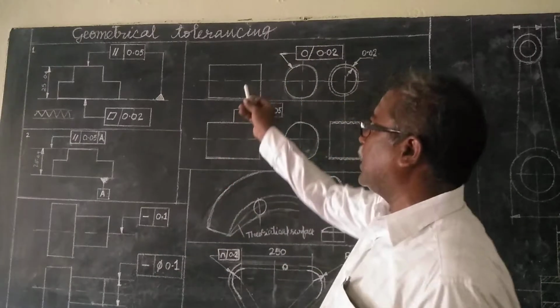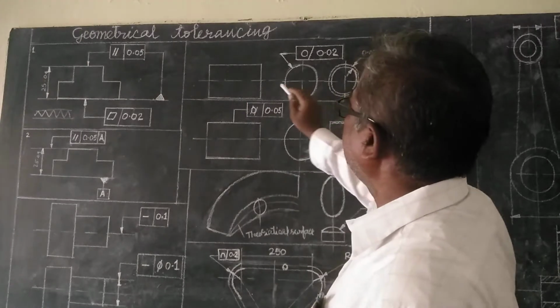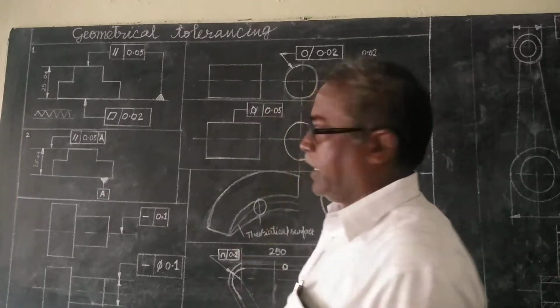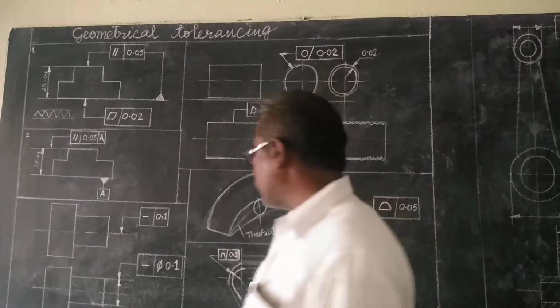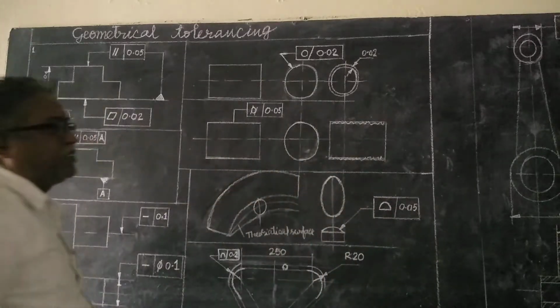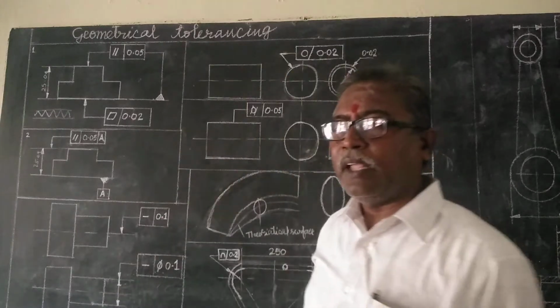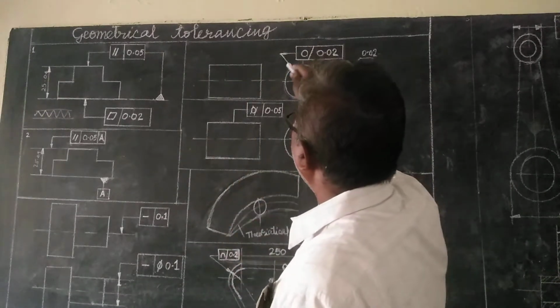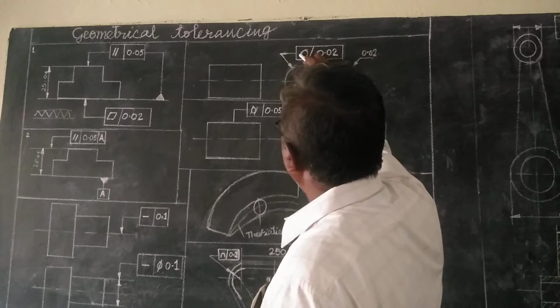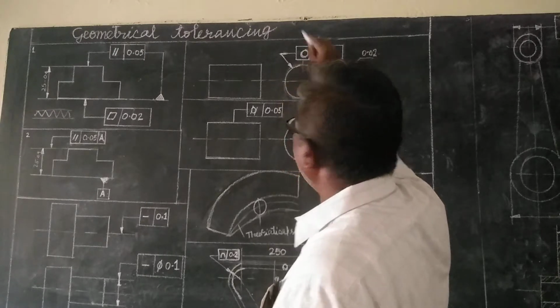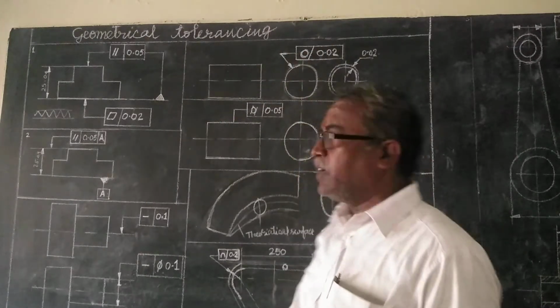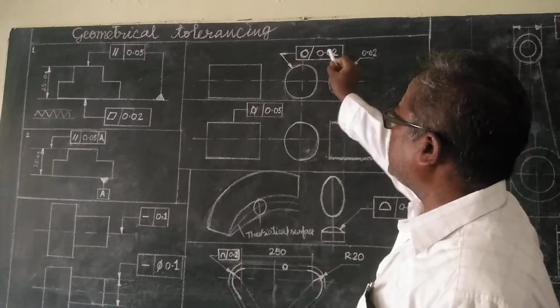Then we are going into the other one, circularity. Circularity or roundness, roundness also we can call it. Then this roundness symbol is given only round. The variation is given 0.02.